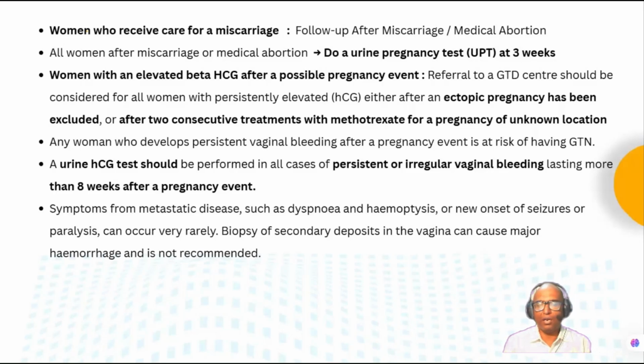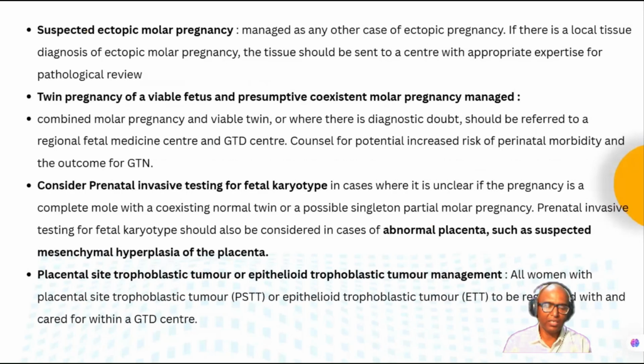Okay, so symptoms from metastatic disease such as dyspnea, hemoptysis, or new onset of seizures or paralysis can occur very rarely. Biopsy of secondary deposits in the vagina can cause major hemorrhage and is not recommended. So if there are metastatic deposits in the vagina, biopsy is not recommended.